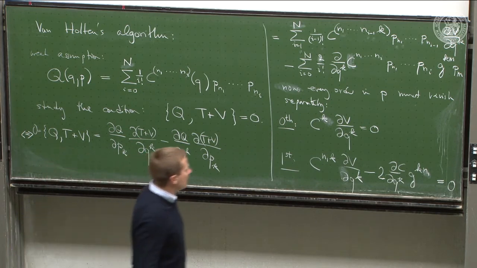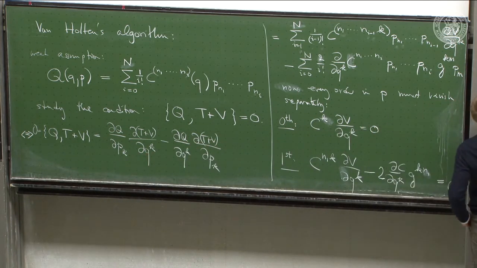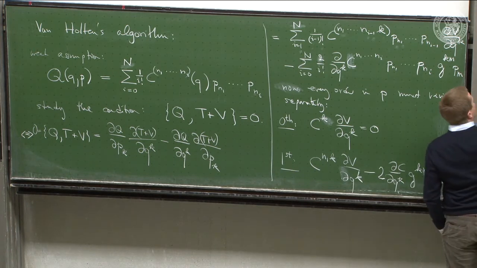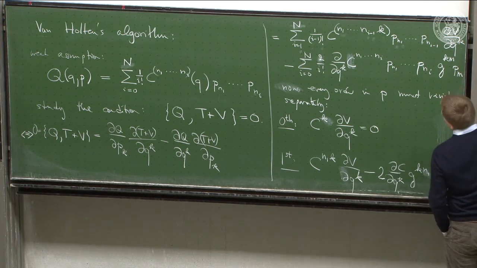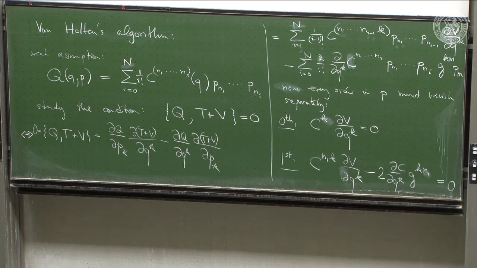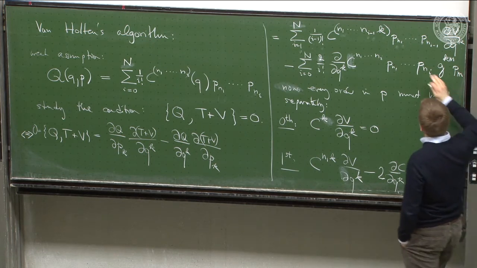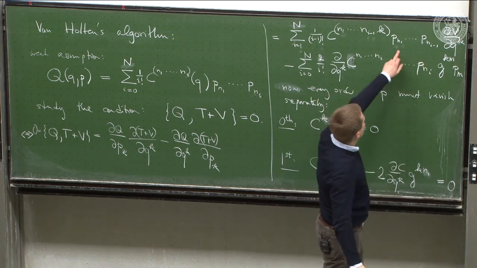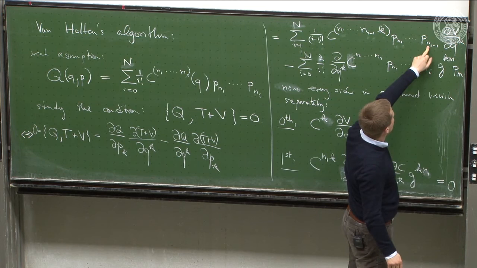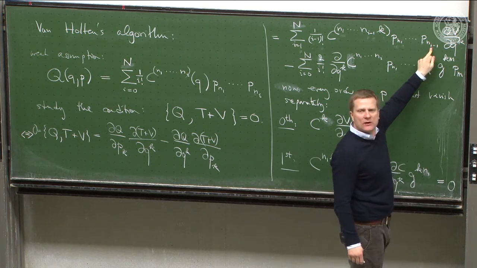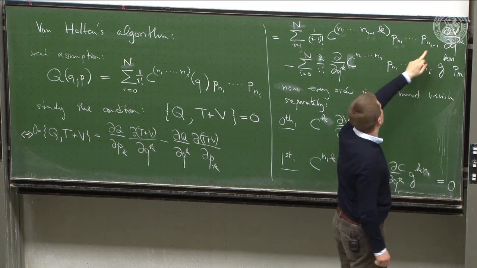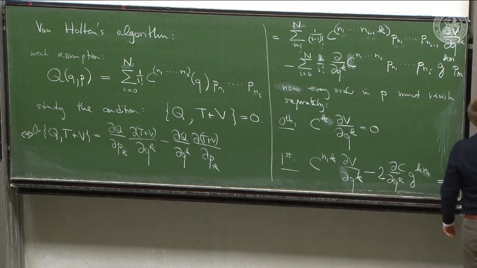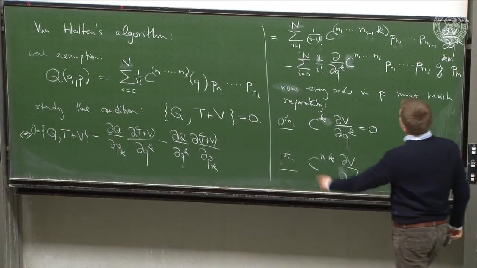So let's write down, in general, the nth order. And let's try to be careful. So that means we want to pick up the terms where we have n p's. Well, we have capital N p's if the I is n plus 1 in this first term. So I is n plus 1, so we have 1 over n factorial.